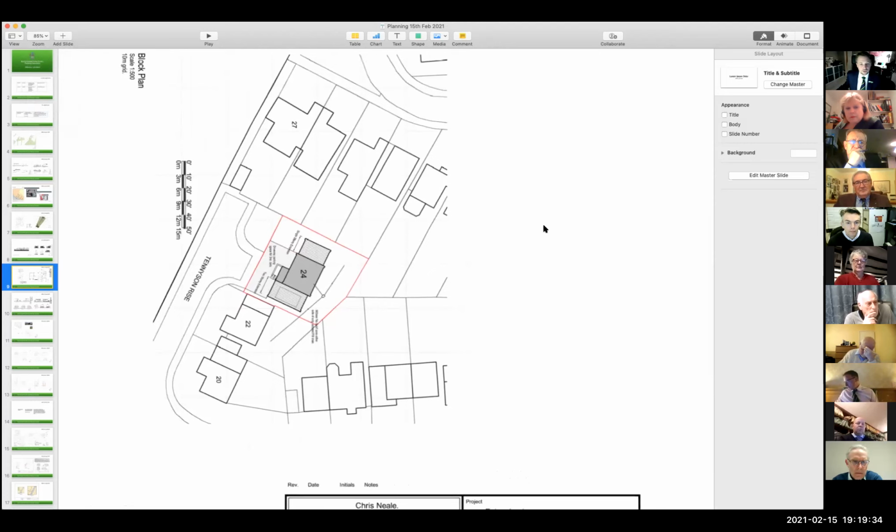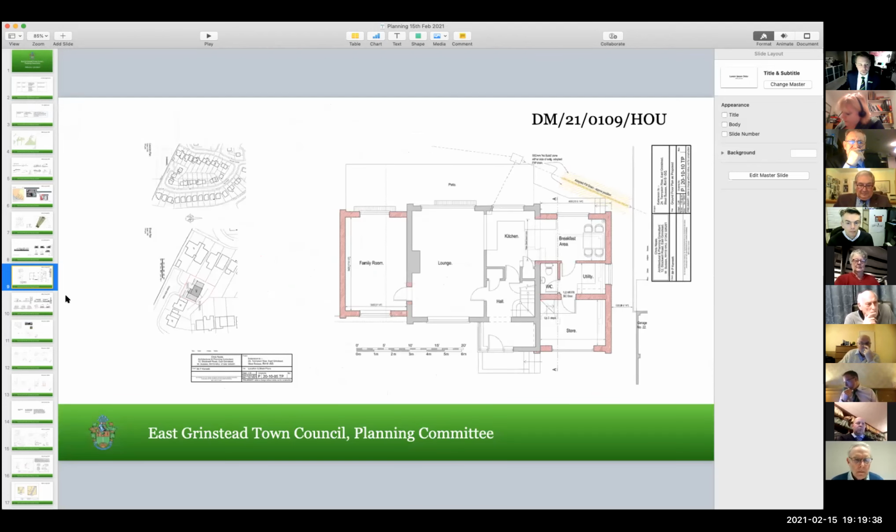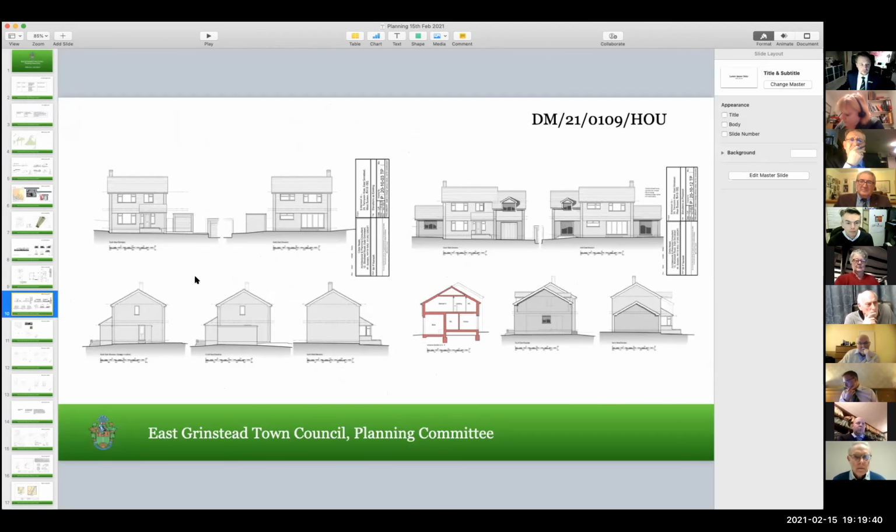And on this one, it shows in red the new bits that they want to build on. And this quite clearly shows that they're going infilling and then going onto the side, an extension to the side there. Councillor Osborne, would you like to start this one off?